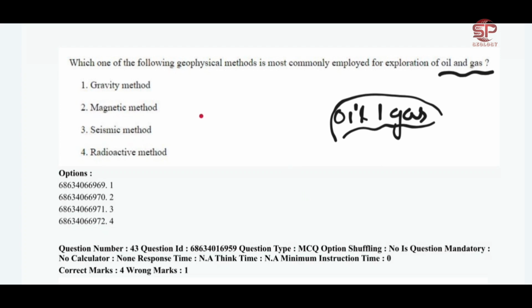Mostly for this purpose we use the seismic method, because the gravity method is used for metallic minerals, the magnetic method is used for magnetic minerals, and the radioactive method is used basically for radioactive minerals. So the only remaining one is the seismic method, which is employed during oil and gas survey, reflection or refraction survey. It is also used to determine the porosity and the location of oil and gas deposition. So it will be the seismic method.